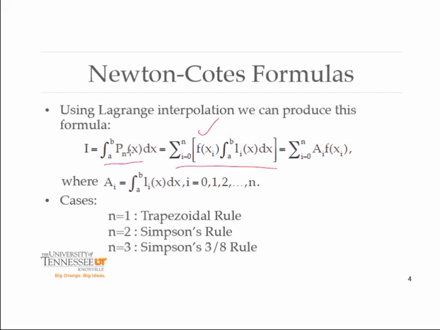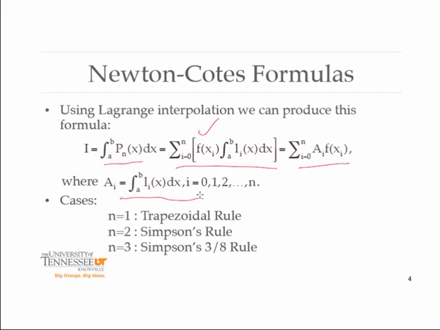Then we can pull the f of xi's out because we're integrating with respect to the independent variable x, and those xi's are specific scalar values. What we've got is a quadrature rule of the form we were talking about before, where we have the f of xi values, but our weights are given by the integrals of our cardinal functions.